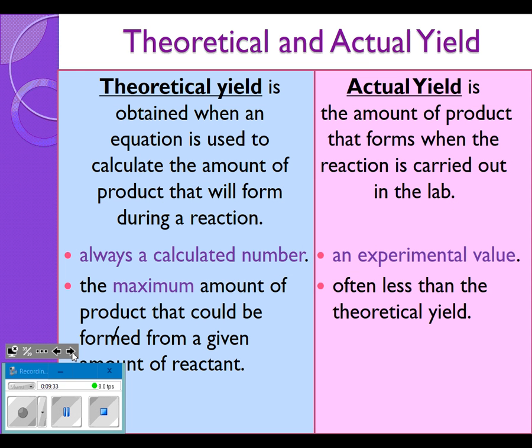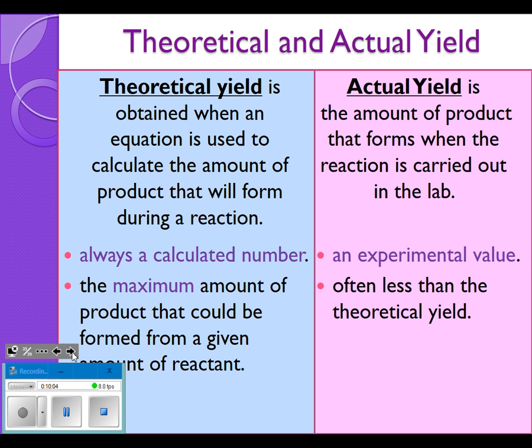Now we also have one other topic that gets covered in this, and that's percent yield. Theoretical yield is the amount that should be formed. If you do that calculation on paper, how much would get made? It's always the maximum amount of product that could be formed from a given amount of reactants. Whereas an actual yield is the amount of product that really forms when you do the lab.